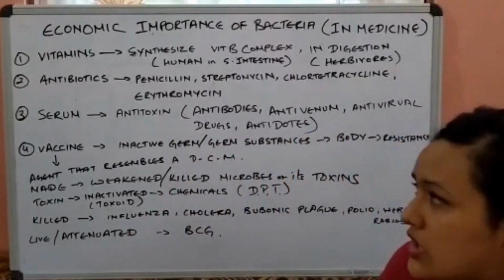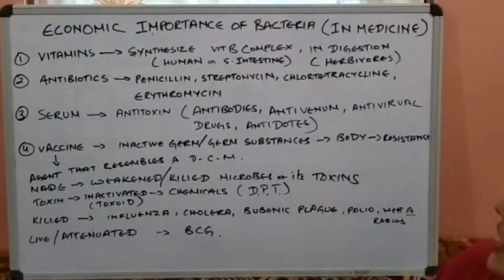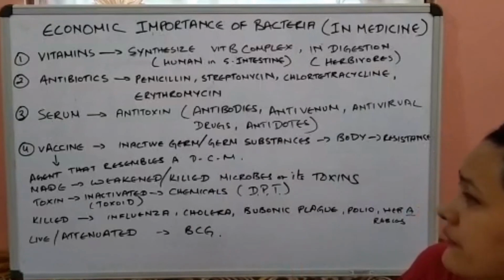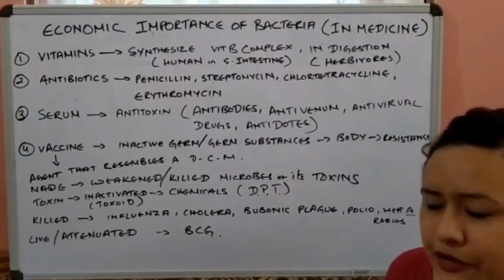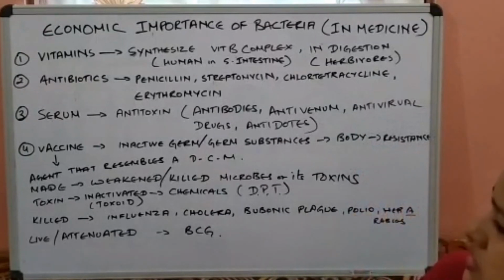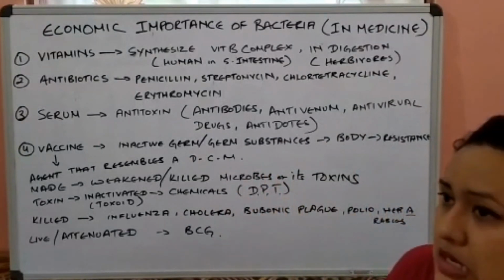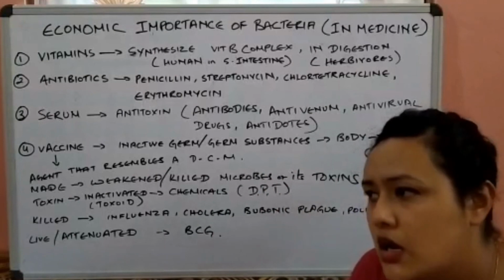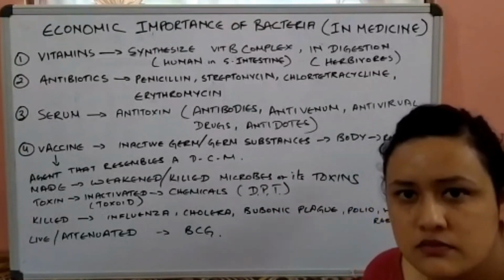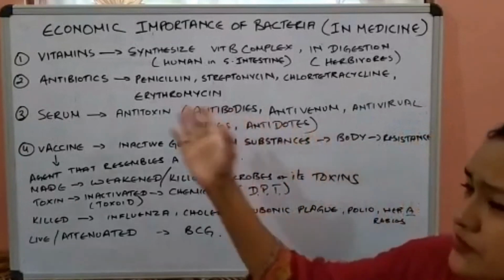Even antiviral drugs are the same; they are used for curing viral infections. Antidotes are used in countering the effects of poisoning in our blood. These are all produced from the serum.